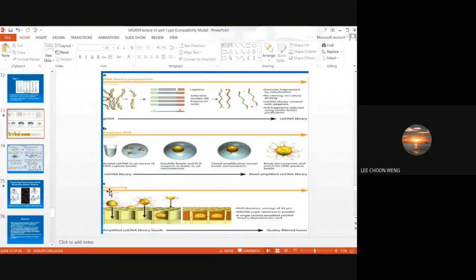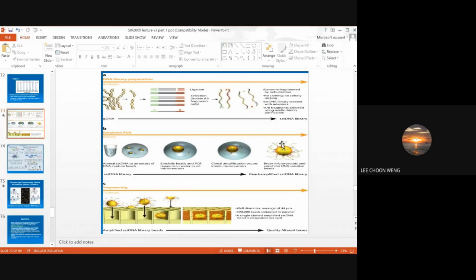Okay, so this is how pyrosequencing is being incorporated in the NGS platforms. So for MiSeq, they use a glass platform, but for pyrosequencing, they use beads. Okay, they use beads in order to incorporate the same polony. So every bead will have the same DNA fragment.